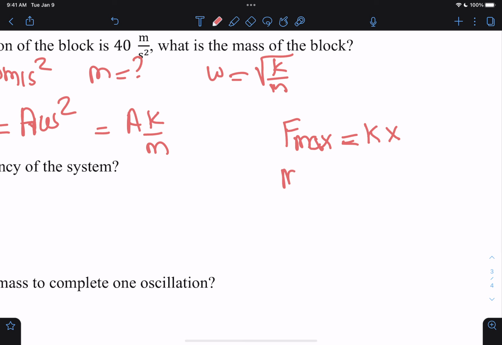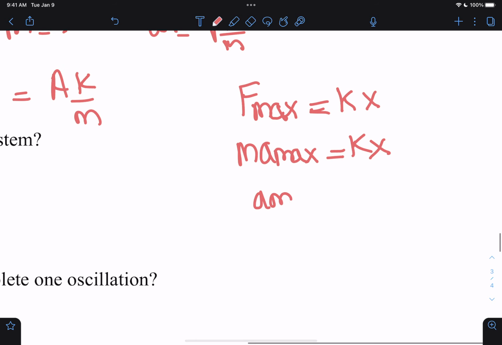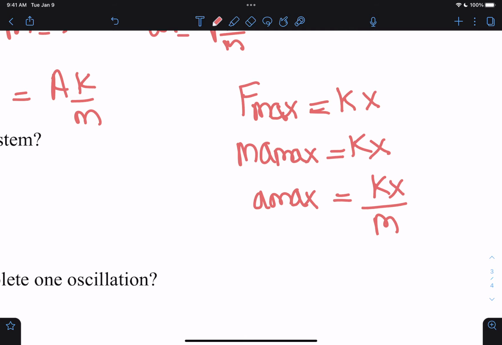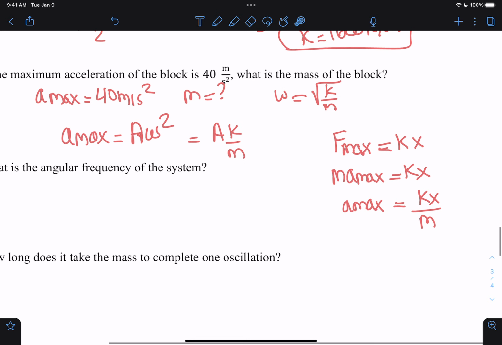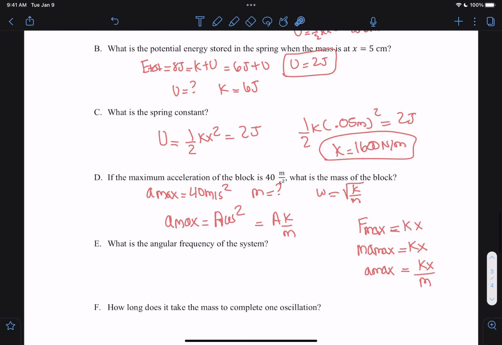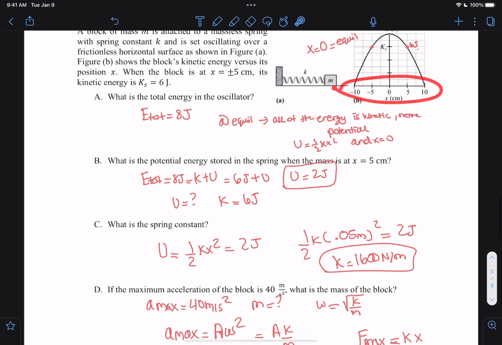And then F max is equal to M A max, so kx equals M A max. And so your A max is equal to kx over M. So that's basically the same thing. And then the x distance that you use will just be your amplitude in that case, which is 10 centimeters.